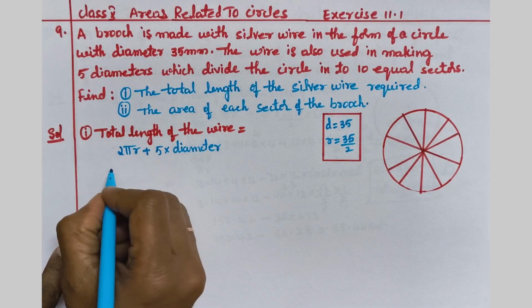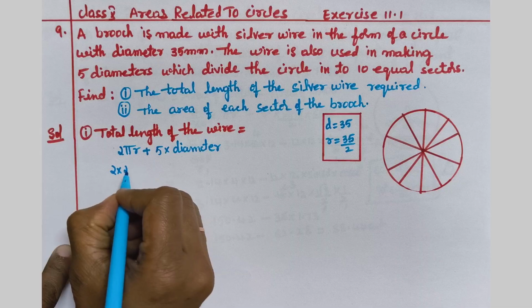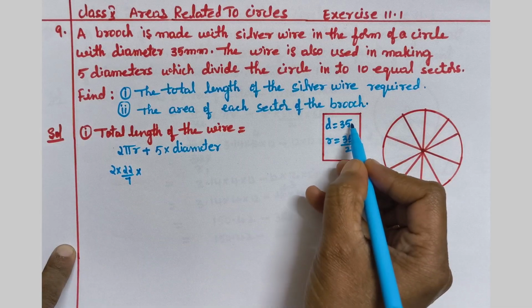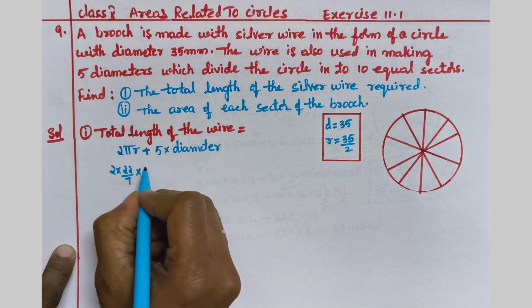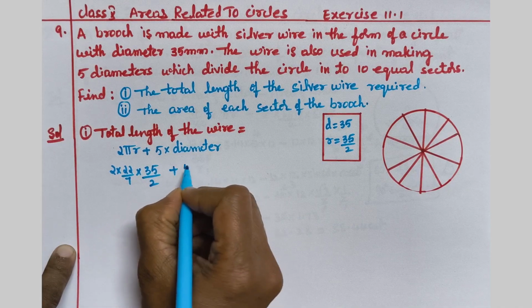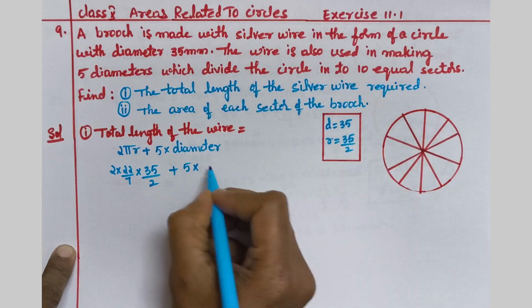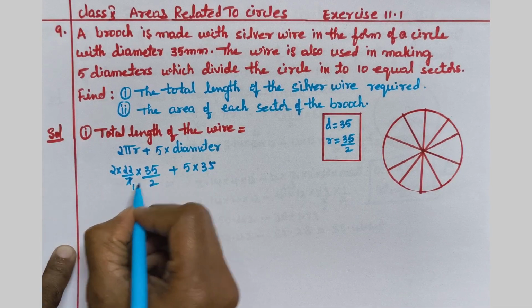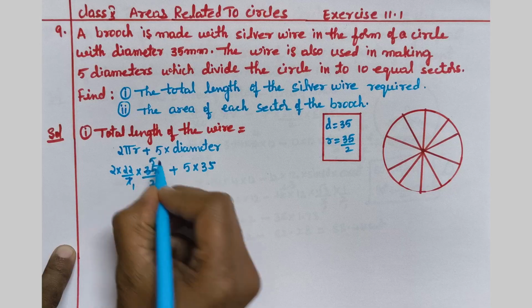Okay. 2 into pi value 22 by 7. Next radius. Diameter given 35. Radius is the 35 by 2. So radius you write 35 by 2 plus 5 into diameter. How much is there? 35 is there. Now any cancel chance is there? See 7 1 is 7. 7 5 is 35.